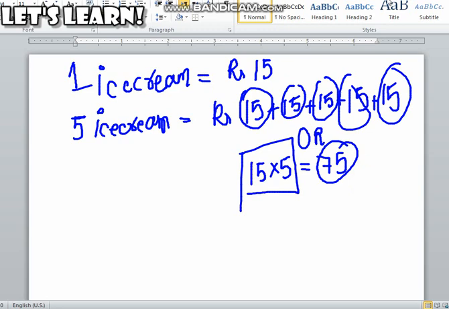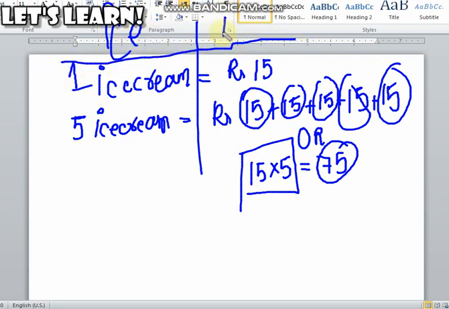Alright? So you can see over here, as the number of ice creams increases, the amount you have to pay also increases. This is the ice cream column and this is the amount column.